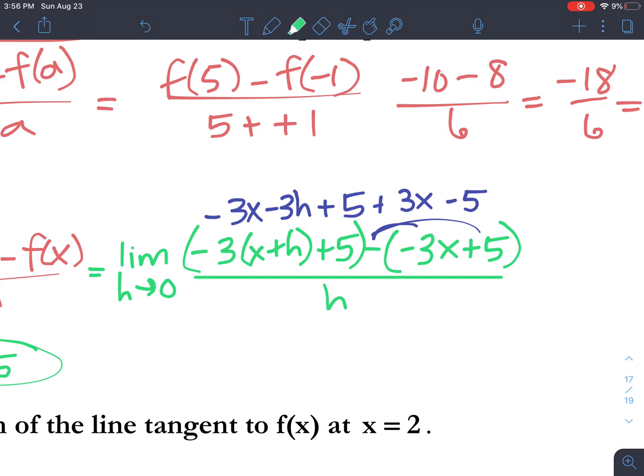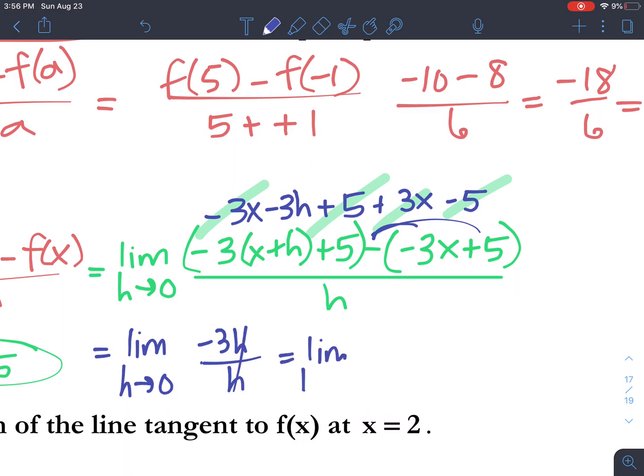Okay, organize these all together. Add these together. What do we got? Negative 3x and 3x cancel. Plus 5, negative 5 cancels. So I end up with this. The limit as h approaches 0 of negative 3h over h. Well, h's cancel. What's the limit as h approaches 0 of negative 3? It's just negative 3.